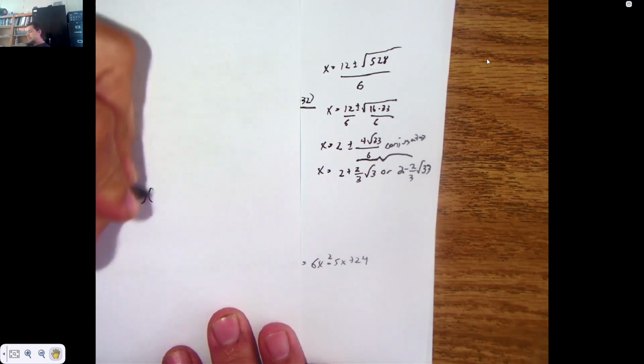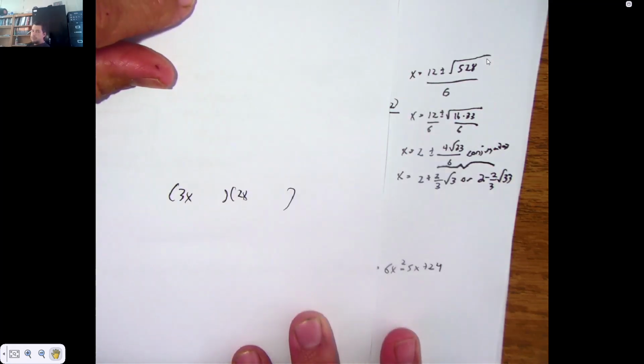My gut says use 3x and 2x, and factors of 24 are going to be 6 and 4. Probably. That doesn't work. Okay.